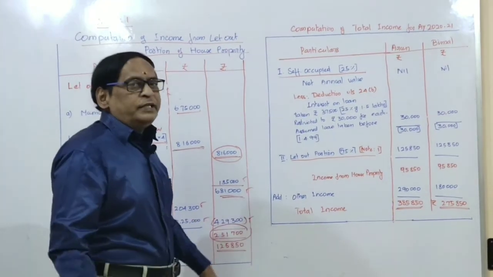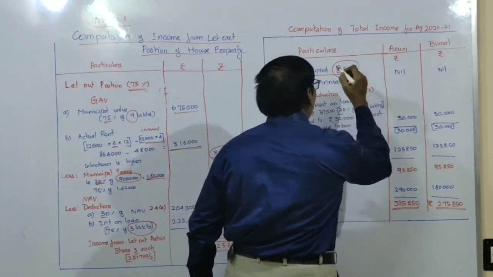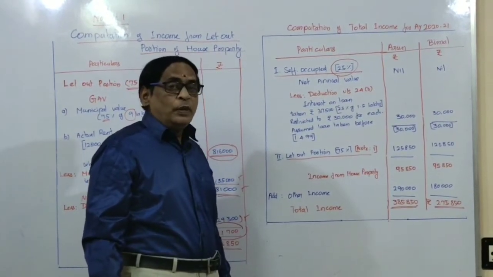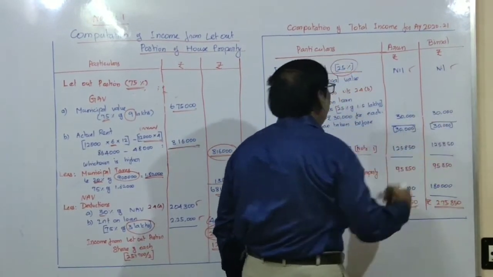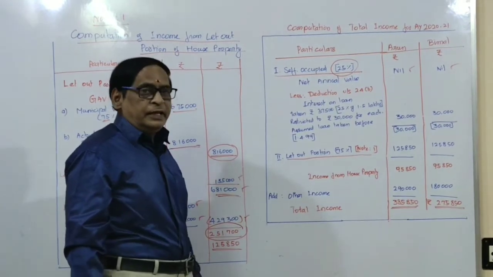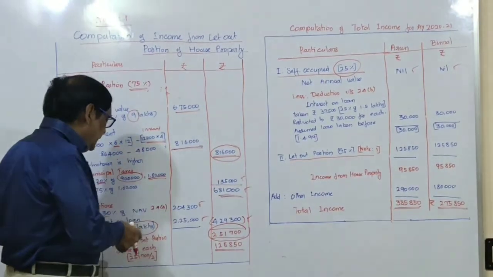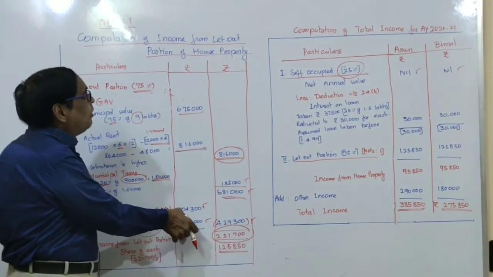Now the self-occupied portion. 25% is the self-occupied portion. If it is a self-occupied portion, the annual value is always nil. Understand? But we can enjoy the benefit according to section 24B, that is the interest deduction. Actually the total interest is 3 lakhs, out of which 2,25,000 is covered for the let out portion.